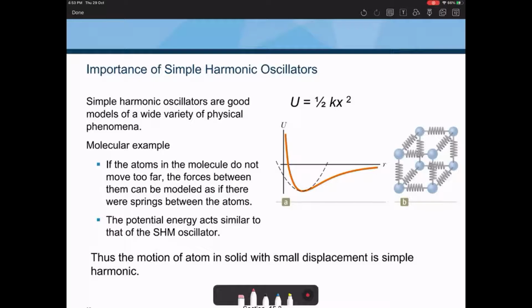And because of the inertia and the spring, they are acting like the spring and mass system. Therefore, they would be oscillating from time to time about their equilibrium position. So it is of great importance in terms of materials for the simple harmonic motion.